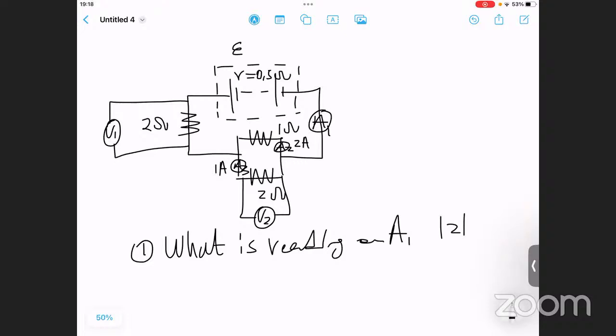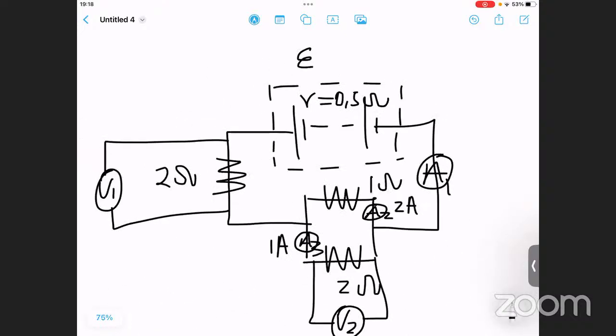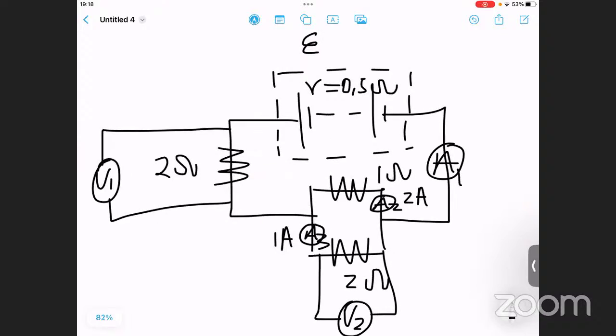I can't see well the diagram, sir. You are not able to see the diagram? Is it because you're not able to see my screen, or it is not zoomed in? Can you see it now?